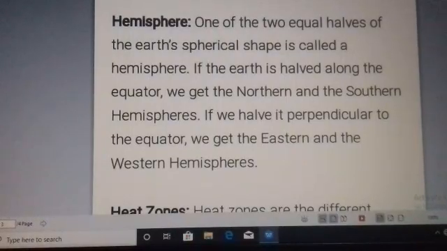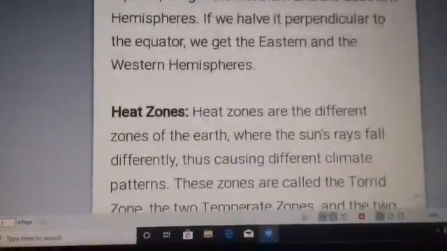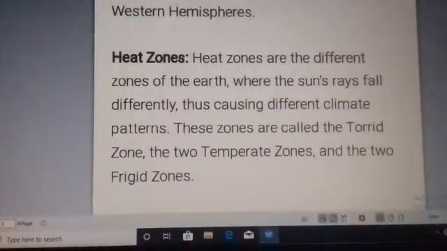If we cut the globe along the equator, we get the northern and the southern hemisphere. But if we cut the globe along the prime meridian, that is 0 degree longitude, we get the eastern hemisphere and the western hemisphere.